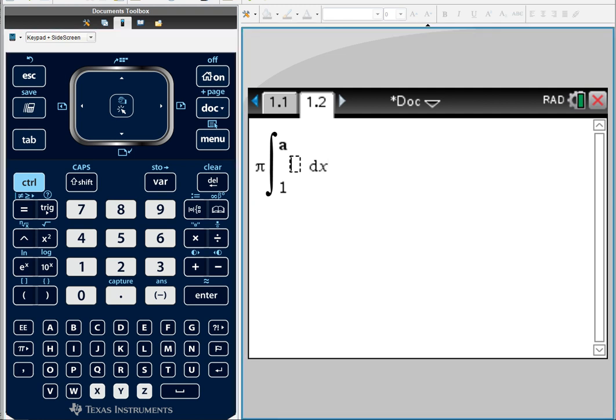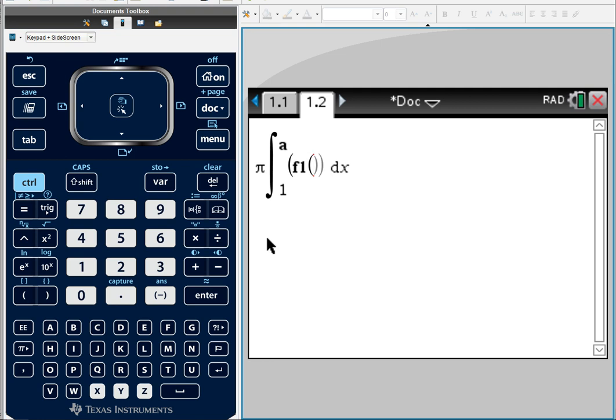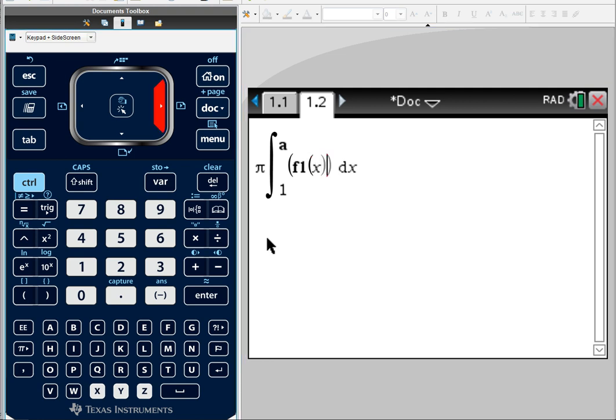So you can again just put open parentheses, and we put the first negative natural log of x plus 7 is f1, so var f1 of x. Oops, I forgot the open parentheses here first.